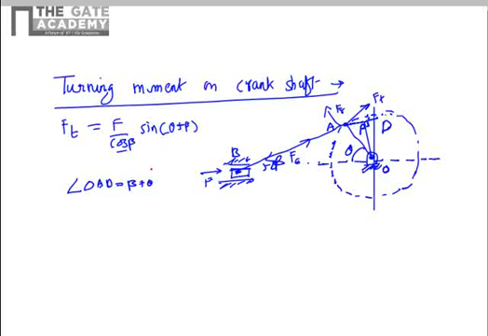So I'll just magnify this triangle for better clarity. This is a vertical line from O. This is the point D. This is the perpendicular drawn from O, the point P. This is the point A, which is the crank pin.